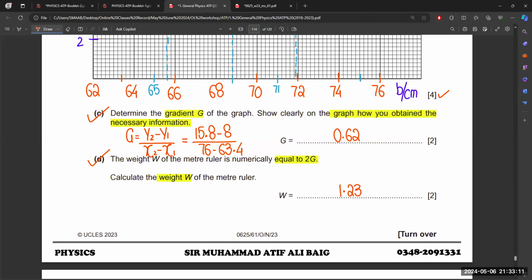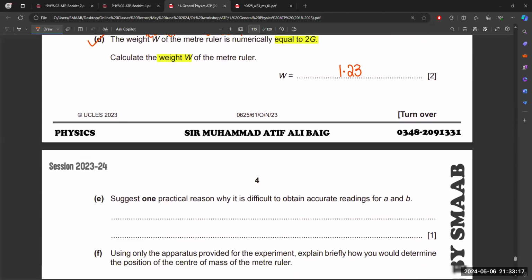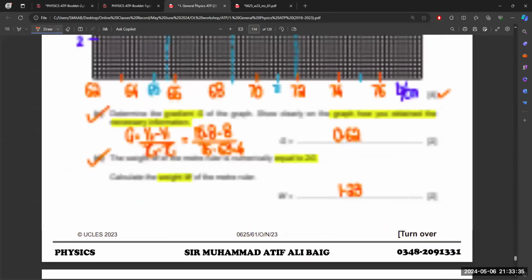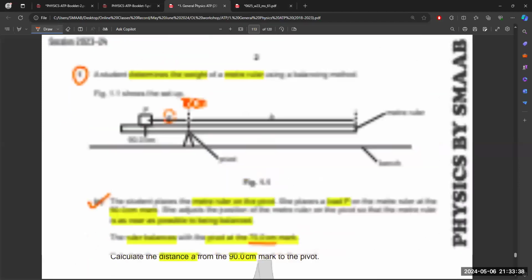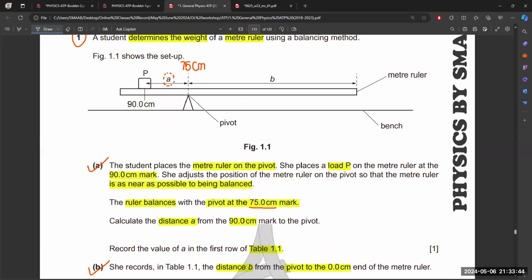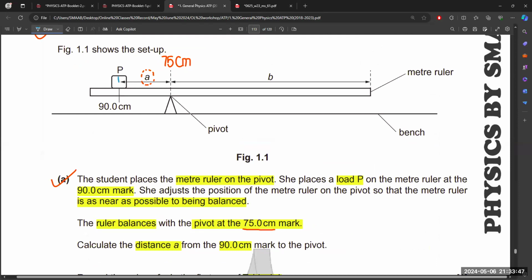And now let's see the remaining part. Suggest one practical reason why it is difficult to obtain accurate readings for A and B. Practical reason, right? Not theoretical. So basically when the load is placed, one thing you observe in the diagram is that we have to read from the center of the object.